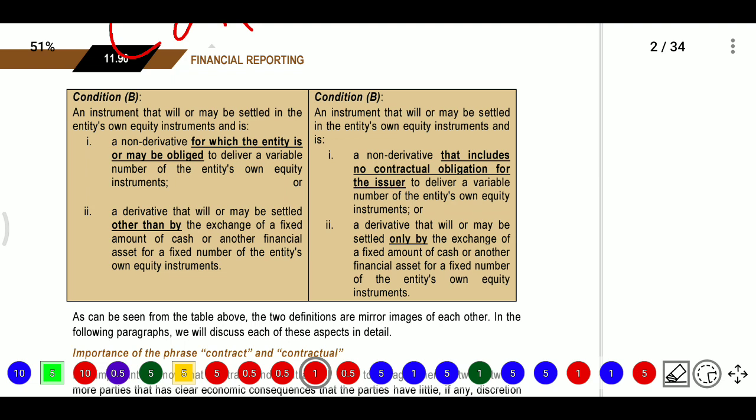Or if it is non-derivative, then it includes no contractual obligation for the issuer to deliver a variable number of the entity's own equity instruments.